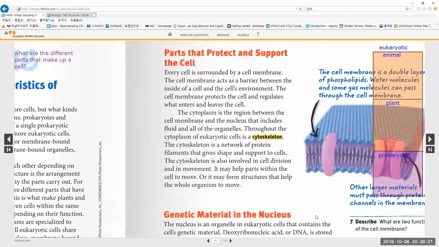The cytoskeleton is also involved in cell division and movement. It may help parts within the cell move, or it may form structures that help the whole organism to move. So, everything has a cell membrane.